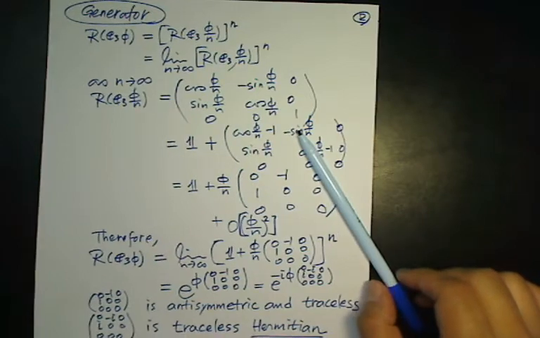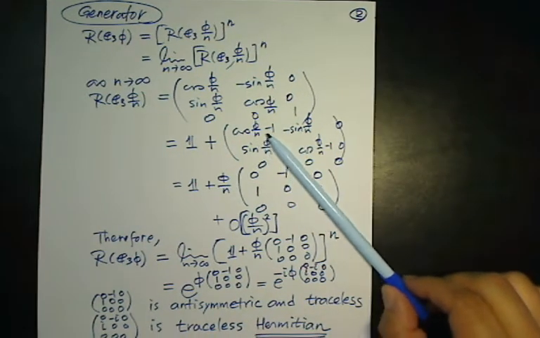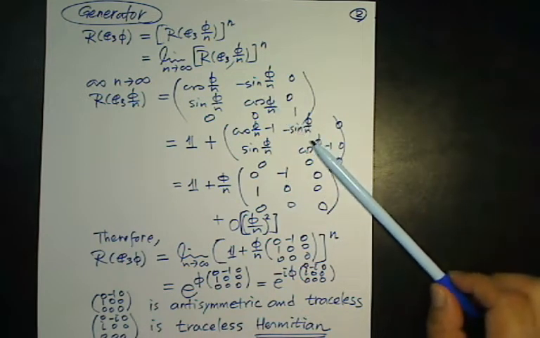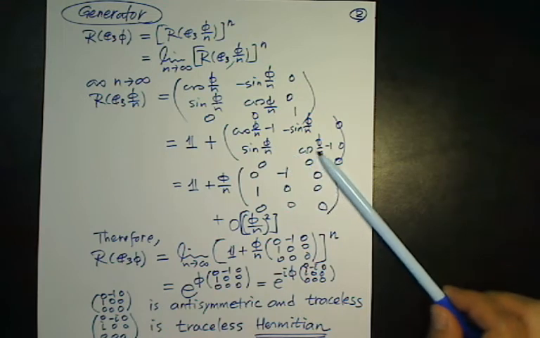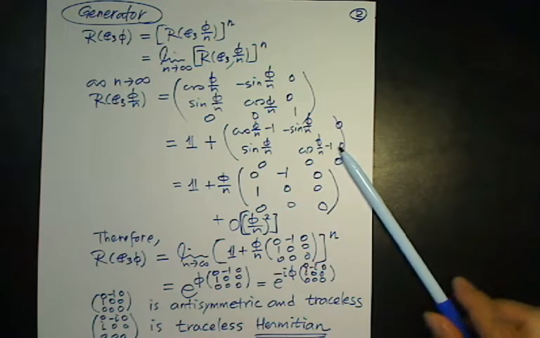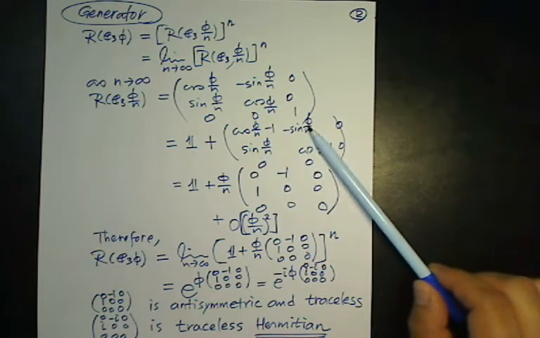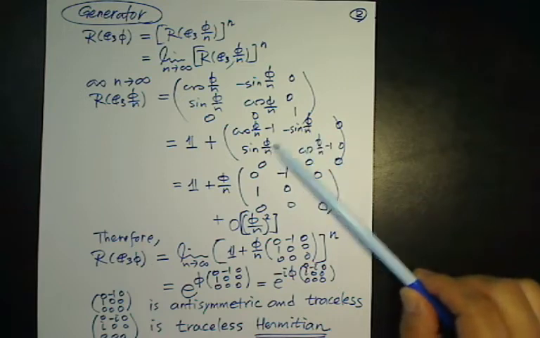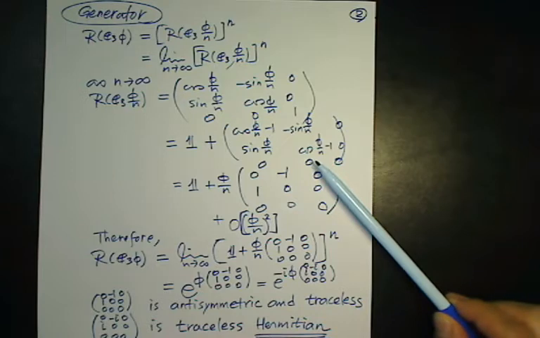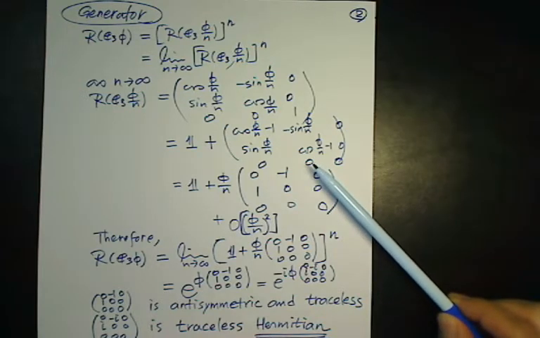So in that case, we have cosine phi over n minus 1, sine phi over n, sine phi over n, and cosine phi over n minus 1. These two contributions survive from the order phi over n. These two contributions survive from phi over n squared.